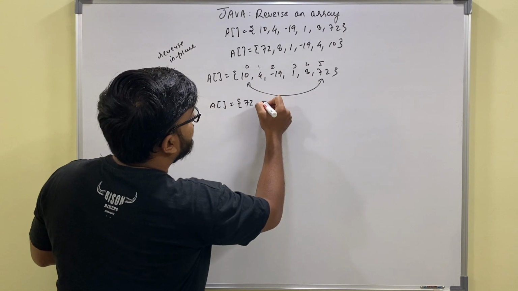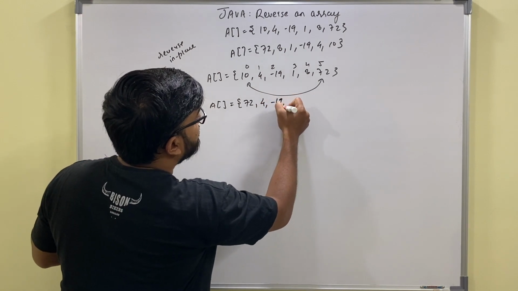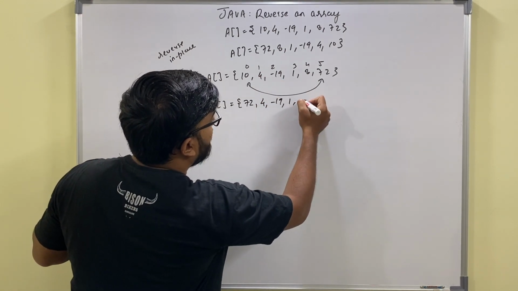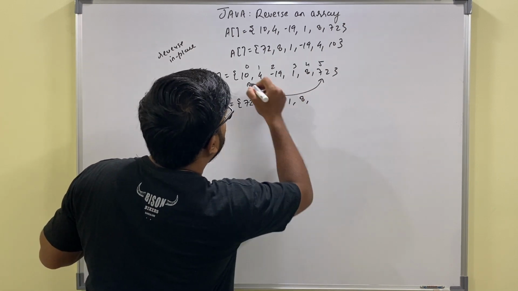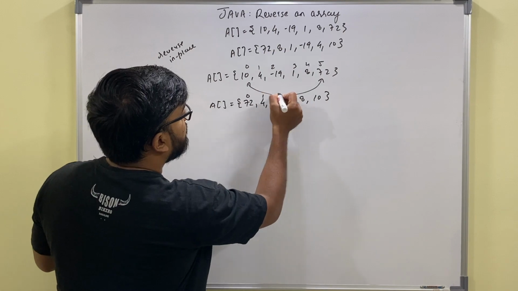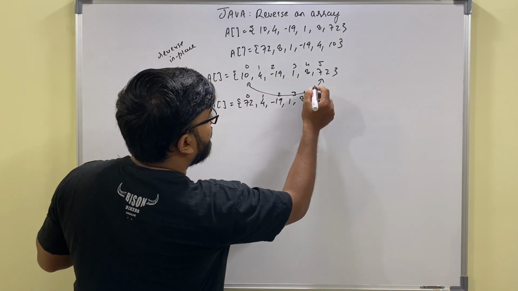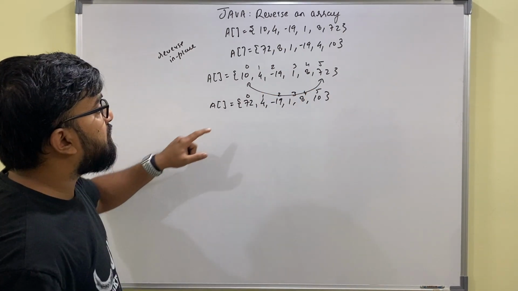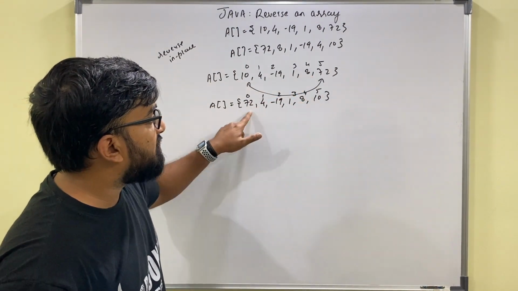Values at indices 1, 2, 3 and 4 remain the same, and at index 5 I get 10. So values at index 0 and 5 are swapped.